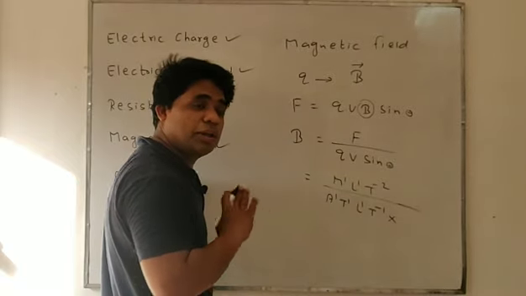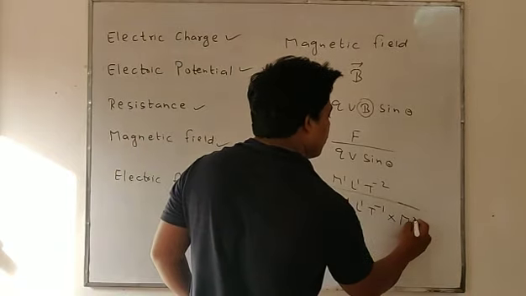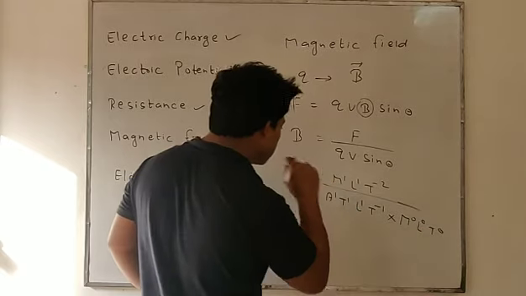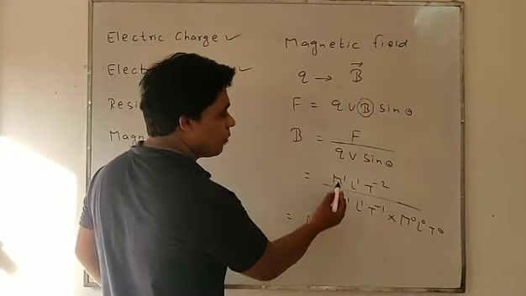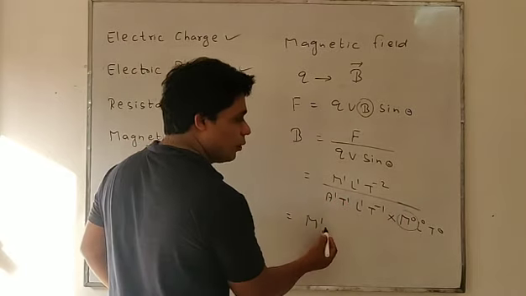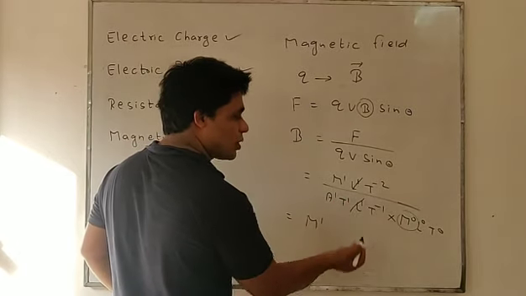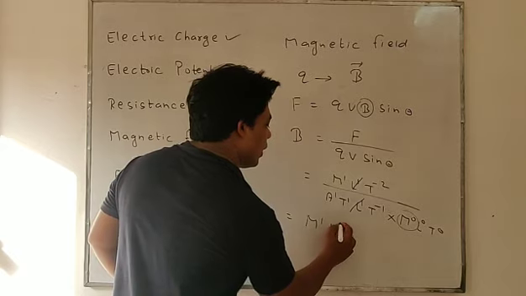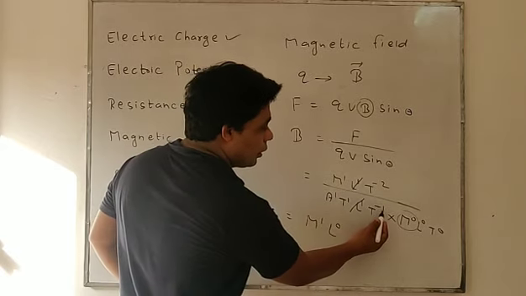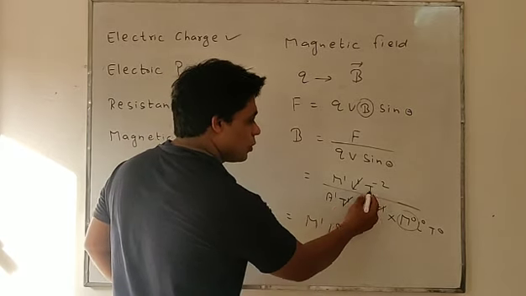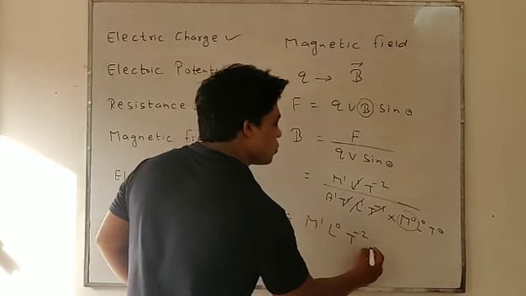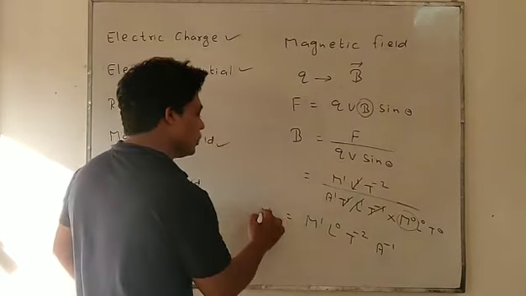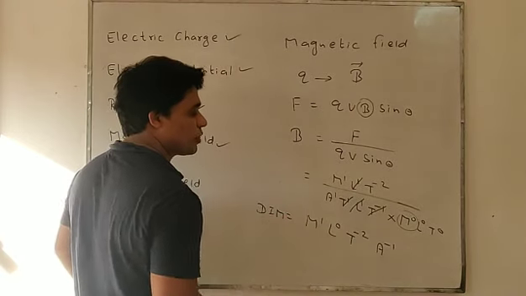We did it just before, there is no dimension of angle, M0 L0 T0, dimensionless. So we'll get M1, L1 by L1 cancel out, L0, T minus 2 by T minus 1 into T1, cancel to T minus 2, transfer A1 upwards, so that is A minus 1, that is the dimension.